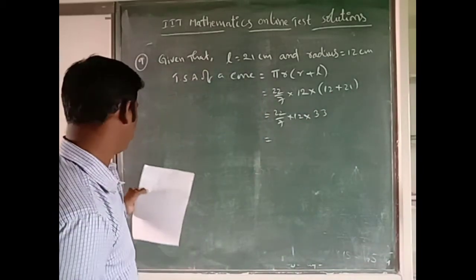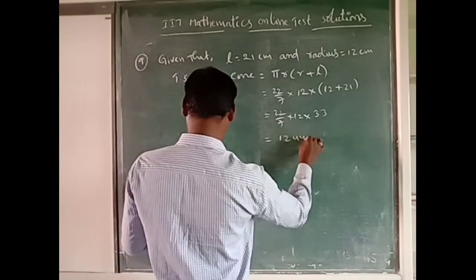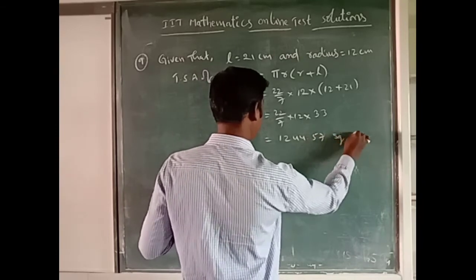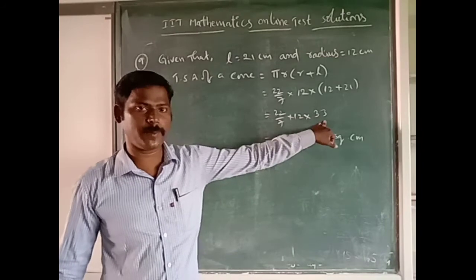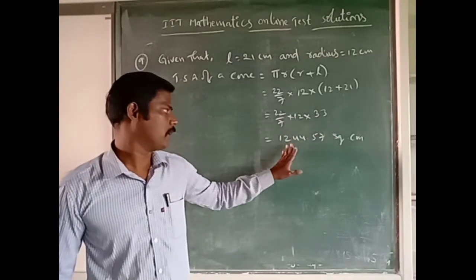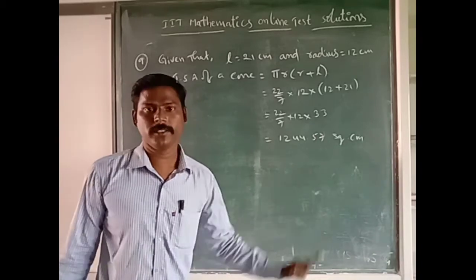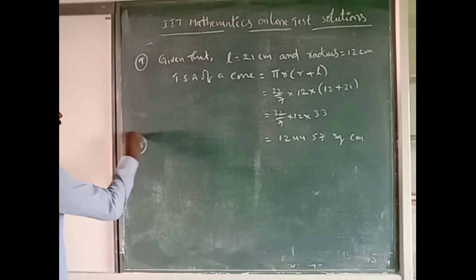So now you can simplify, and how much did you get? 144.57 square centimeters. You can simplify 22 into 12 into 33 multiplied, 12 divided by 7. Finally we got 144.57 centimeters square.